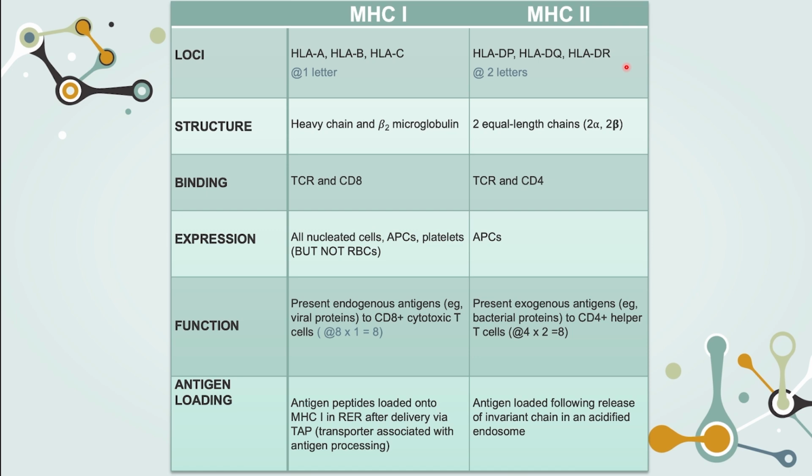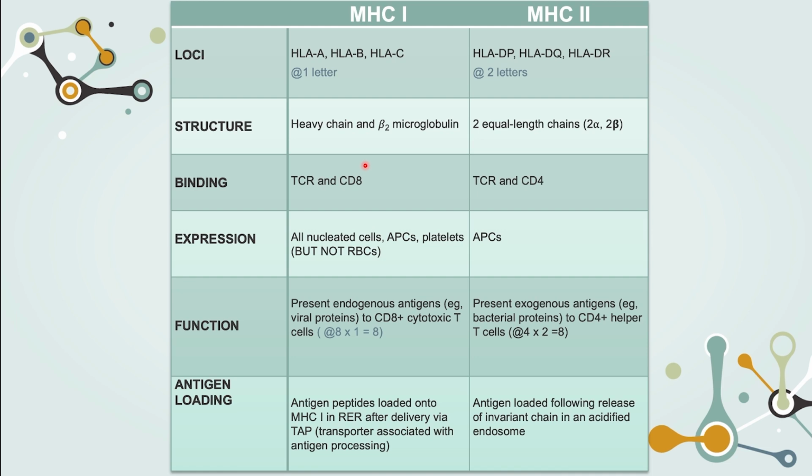Now, let's look at the structure. Like I said earlier, MHC1 has a heavy chain and a beta 2 microglobulin, and this heavy chain is formed by alpha 1, alpha 2, and alpha 3. Compared to the structure of MHC1, MHC2 has two equal length chains: two alpha chains, alpha 1 and alpha 2, and two beta chains, beta 1 and beta 2.